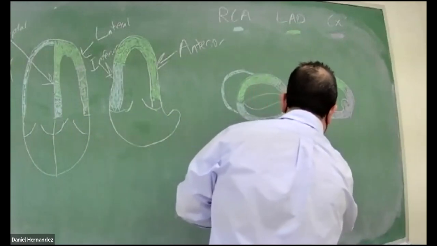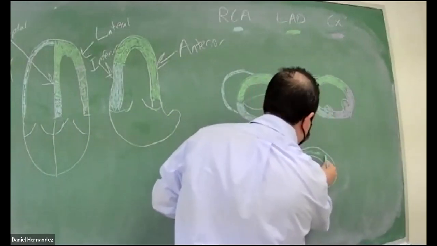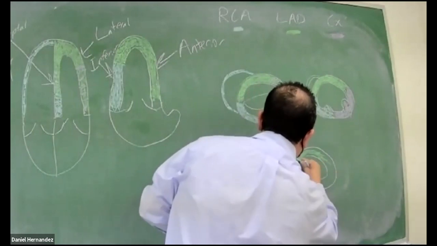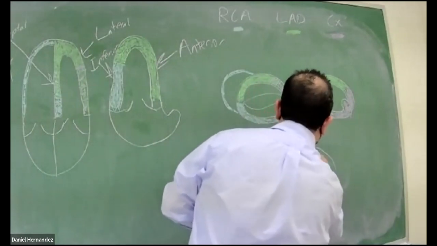Then down by the apex, a pretty large segment is the left anterior descending.